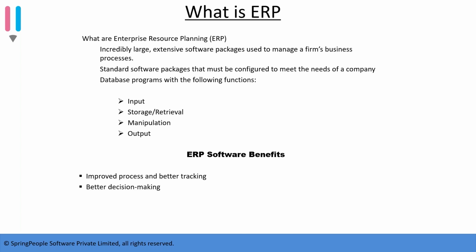It helps the management to take better decisions, because all the data in the ERP will be available on a real-time basis. Whenever you are looking for data across multiple areas of the company, say for example, you want to see how much raw material you have procured today, that can be accessed on a real-time basis in ERP. Or if you want to see the sales figure for today, this week or this month, that can also be accessed immediately, and it helps the management to take better decisions to improve the business process.